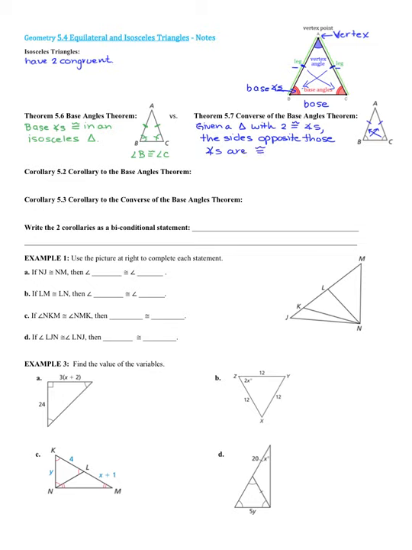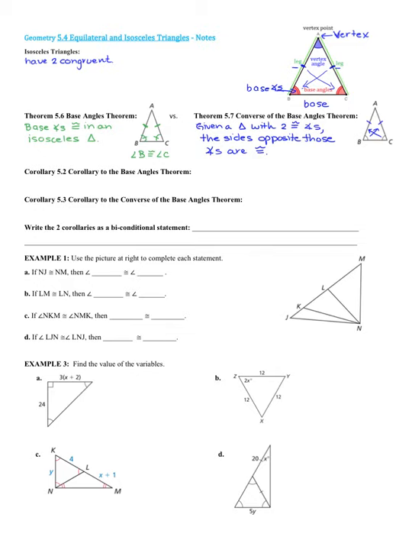All right, so the base angle theorem, you're starting with an isosceles triangle, you know the base angles are congruent. The converse, you start with a triangle with two angles congruent, and therefore the opposite sides are congruent. At no point do you actually have to say that you have an isosceles triangle.